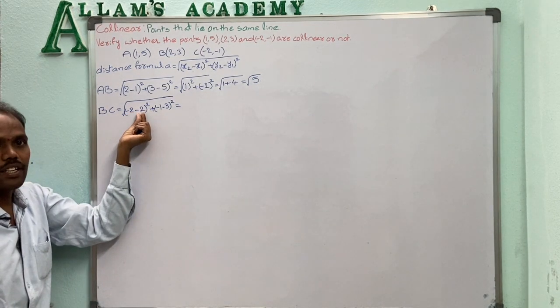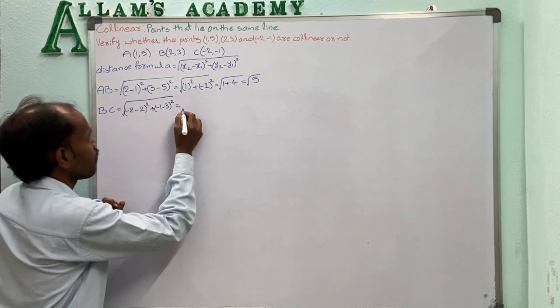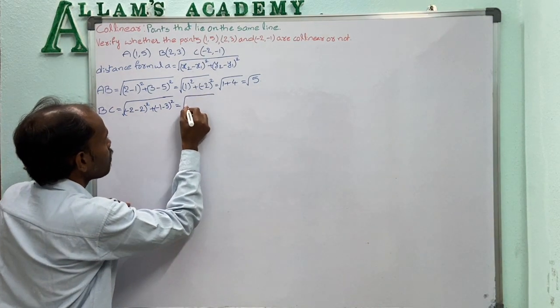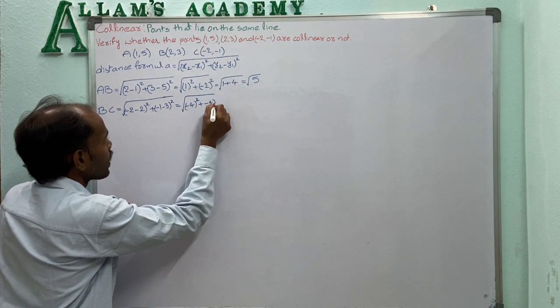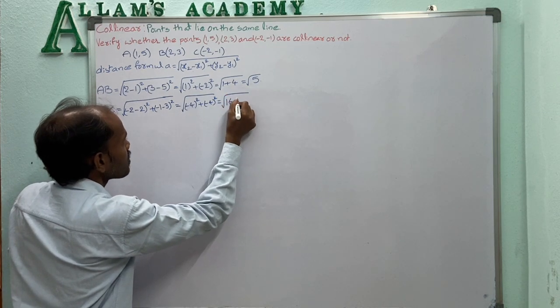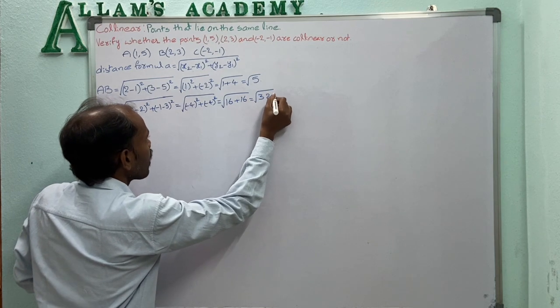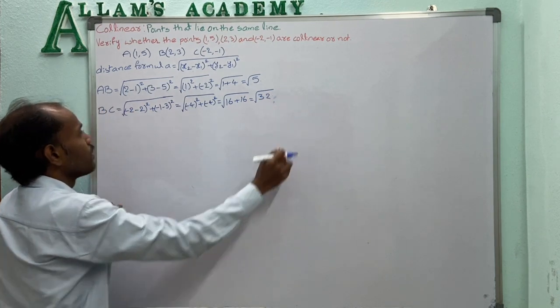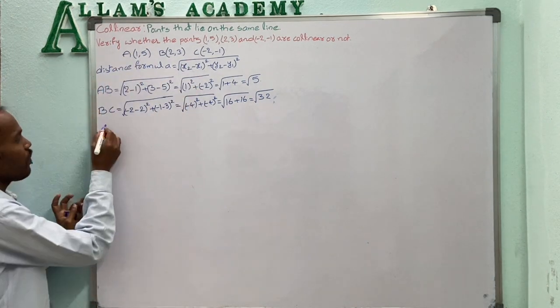So -2 minus 2 is -4, -1 minus 3 is equal to -4. That is under root -4 whole square plus -4 whole square. -4 whole square is equal to 16. So under root 16 plus 16 equals under root 32.